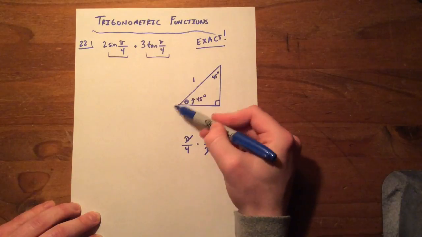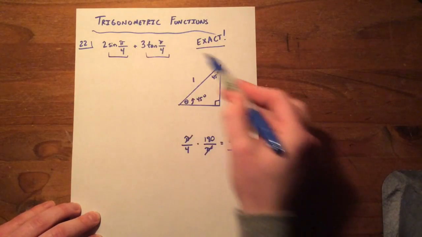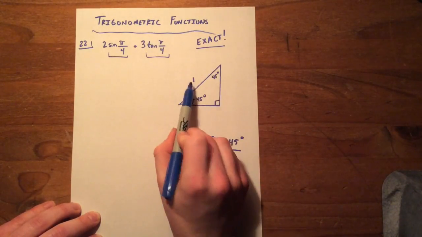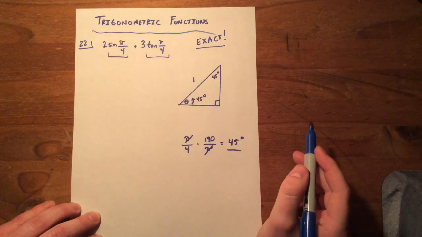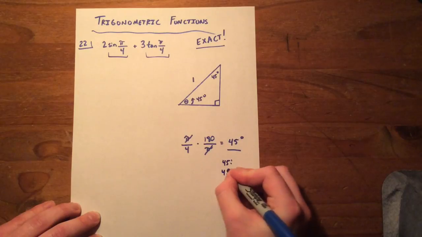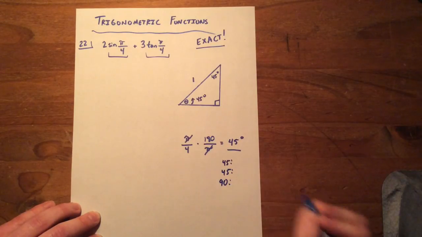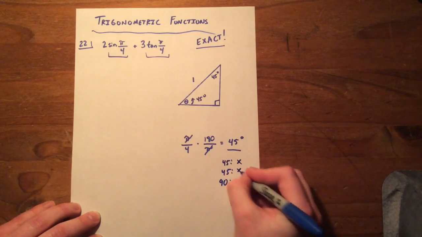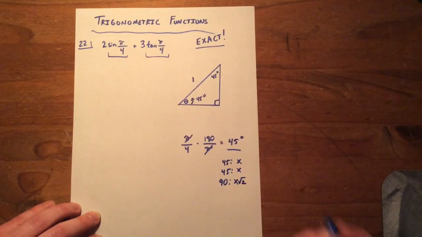And remember that the hypotenuse of every right triangle created in a unit circle is 1. And if we go back, we remember that the 45, 45, 90 formulas go x, x, x root 2.